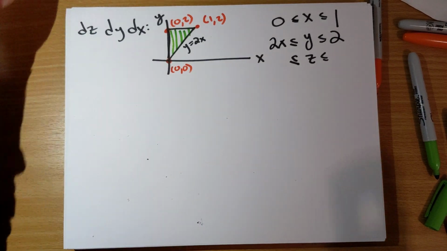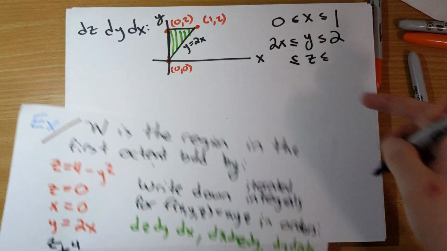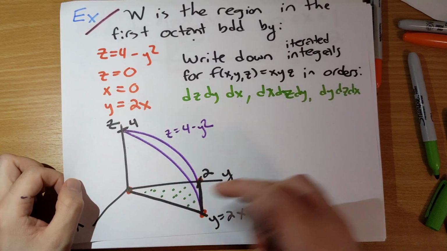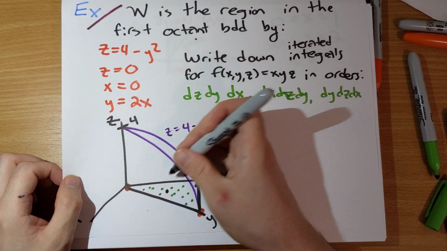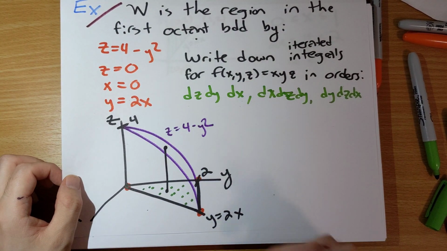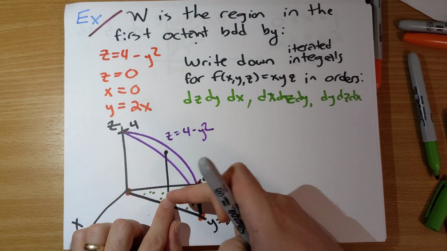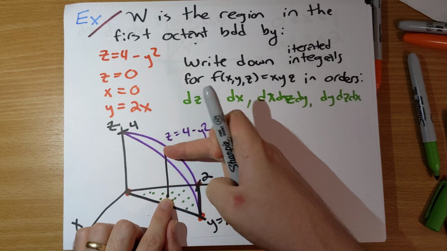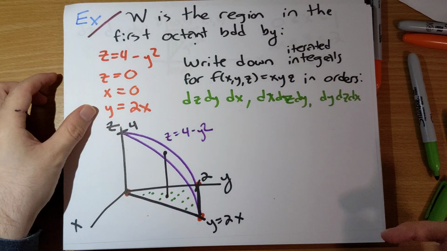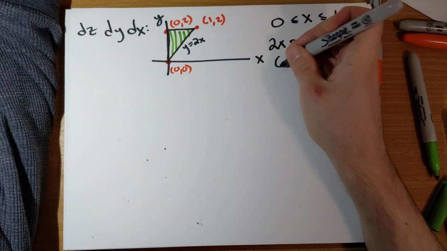Now for z here, we want to go back to this picture. For a fixed value of x and y, z can go from 0 to the ceiling. The ceiling has equation z equals 4 minus y squared.